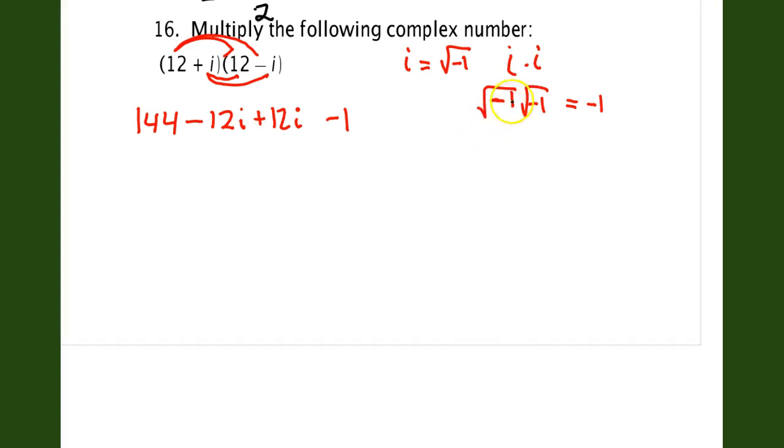So root 2 times root 2 equals 2, root 6 times root 6 equals 6, and so on. Now, gotta be careful though, because this is a positive times a negative, so we're actually subtracting a negative 1 here, right? So we have the i's canceling out, and we have 144 minus negative 1, so that gives us 145. There we go.